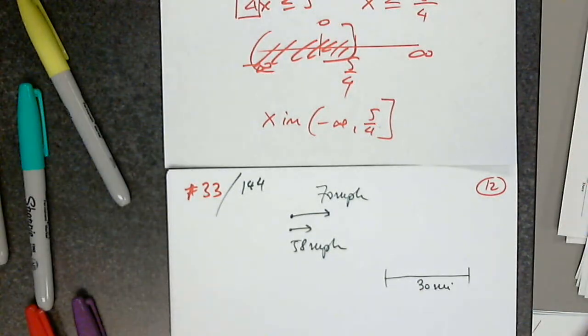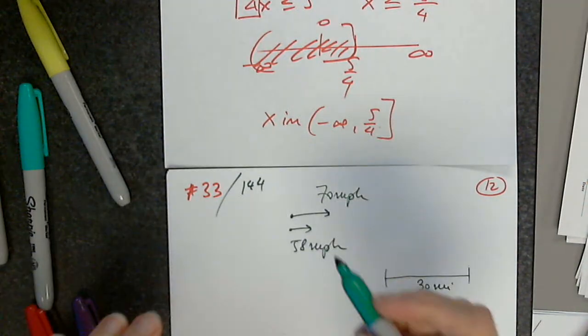So again, here are the cars. They are going in the same direction. And they do this. Stop. They are 30 miles apart. That's all I care about. They start here at the same time. 30 miles apart. Okay?